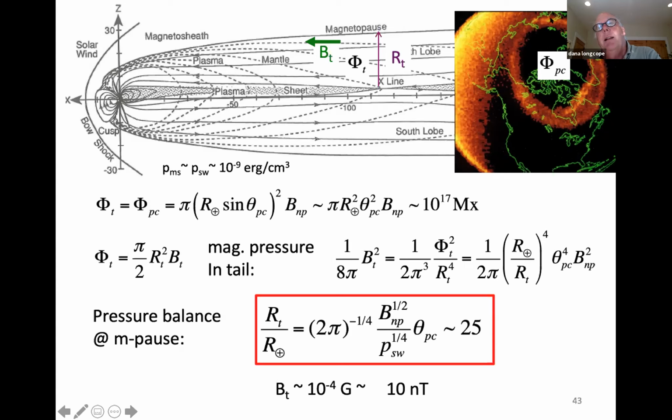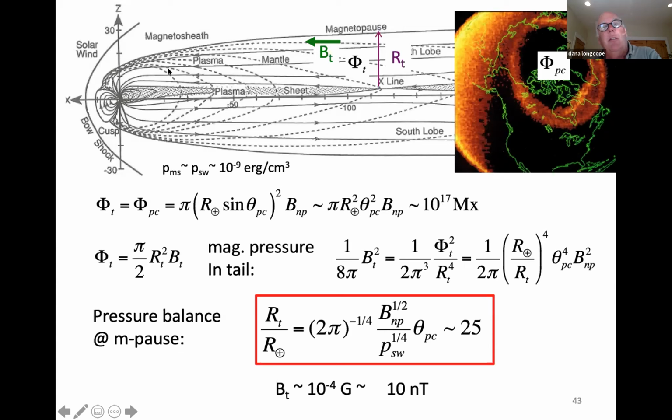But all of that magnetic field, the North Polar magnetic field, which we said is 1/3 of a Gauss, times the area of that polar cap, pi r squared, right? That's going to give us 10 to the 17 Gauss centimeters squared, or Maxwells. That is the total amount of flux that's open at the North Pole.